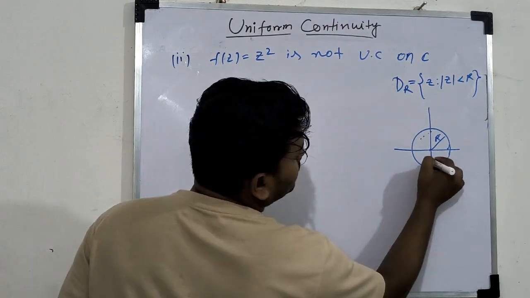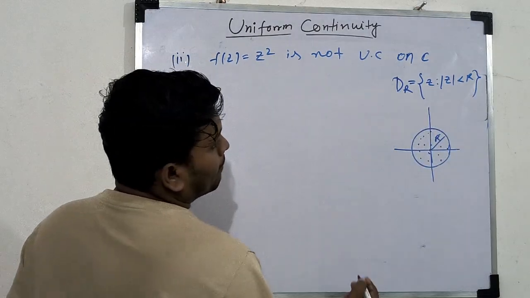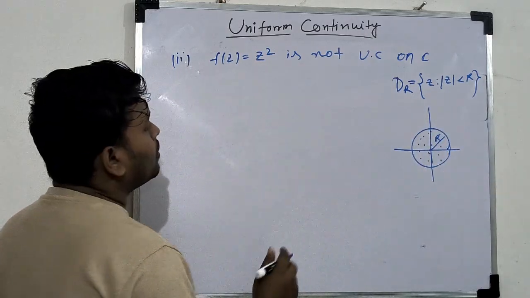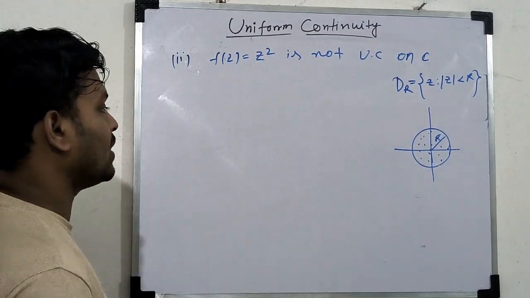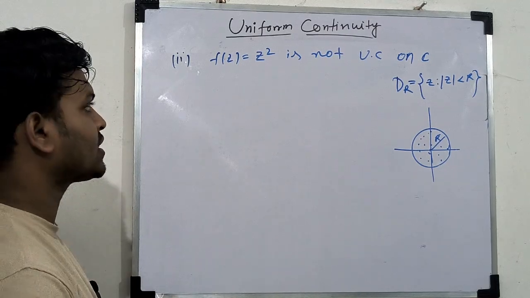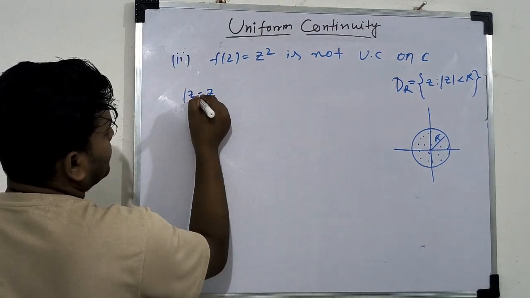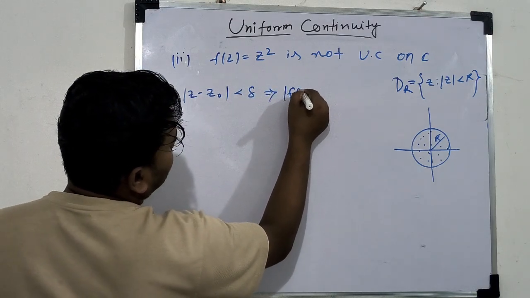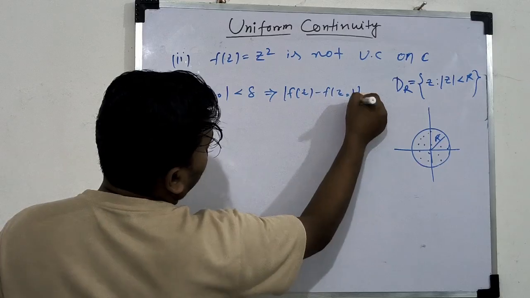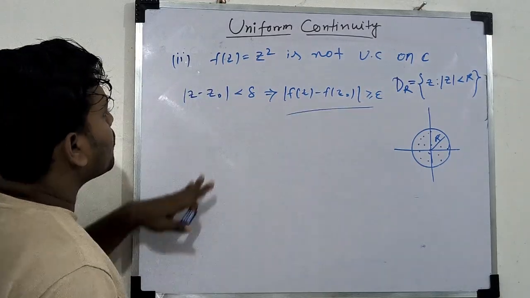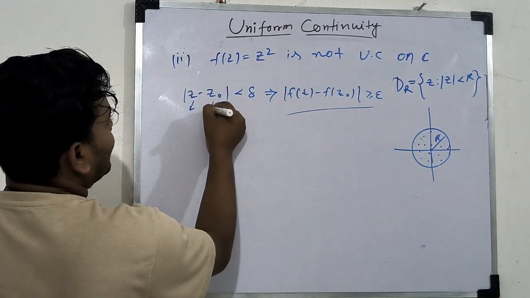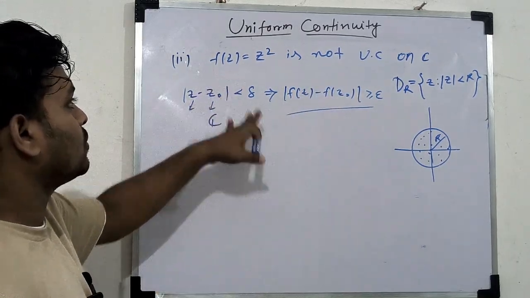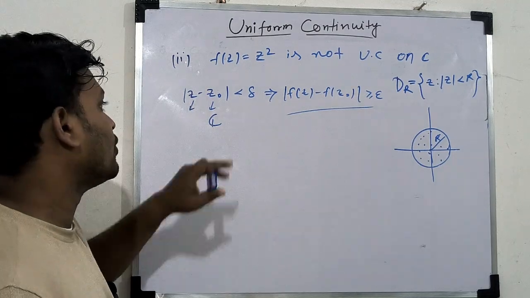In D_r the points are in this disk, but now we choose 2 points from the entire field C. To show that this function is not uniformly continuous, we have to find 2 points for which modulus z minus z0 less than delta does not imply that modulus f of z minus f of z0 is less than epsilon. We have to find such z and z0 from C. Then we can say this function is not uniformly continuous on C.